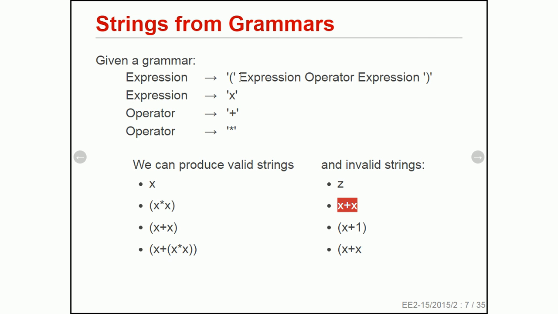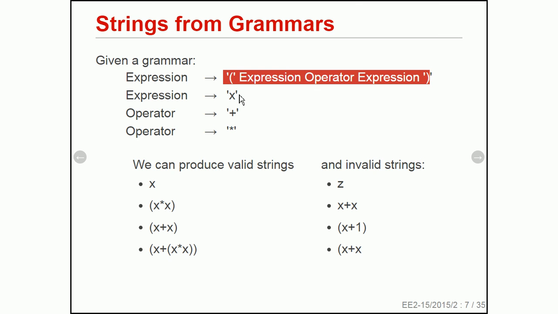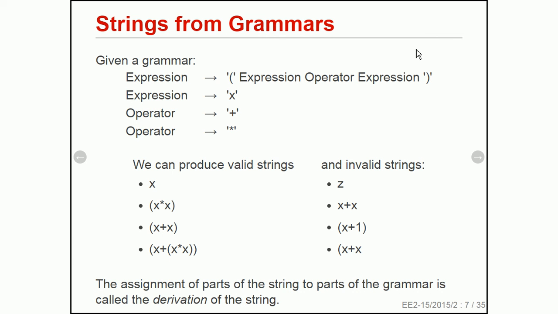So this doesn't match this thing, it doesn't match this, it doesn't match this. It looks like it might match to a human, but it's quite useful because it's wrong but in a non-obvious way. But we're not going to look too much at generating valid and invalid strings. We're mainly going to be looking at recognizing strings, so the opposite problem.